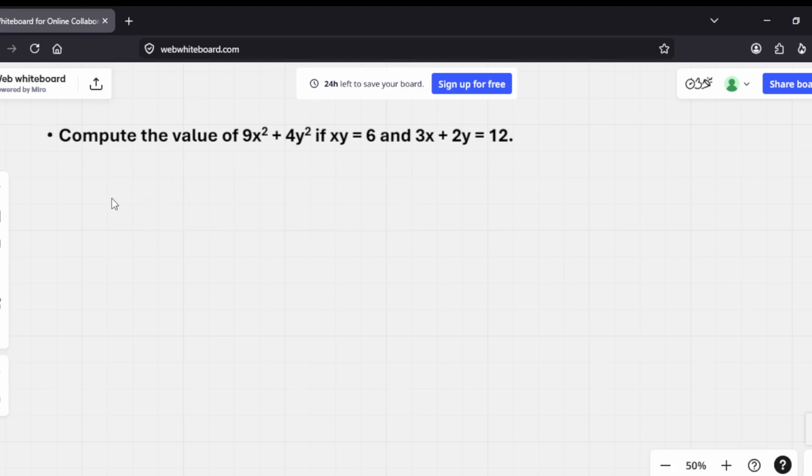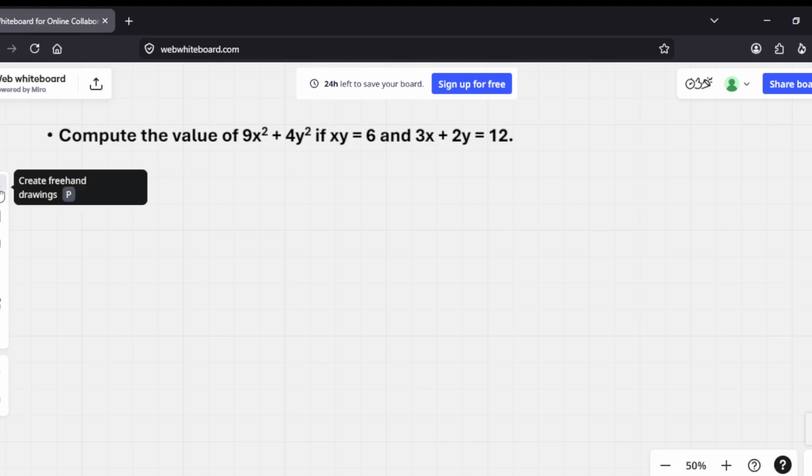Compute the value of 9x square plus 4y square if xy equals 6 and 3x plus 2y equals 12. If you look at the numbers, 9x square is the square of 3x, and 2y the whole square is 4y square. So each term is nothing but the square of the other one.